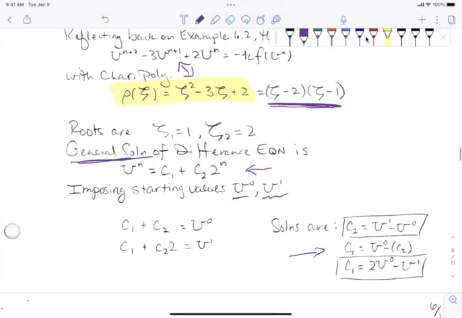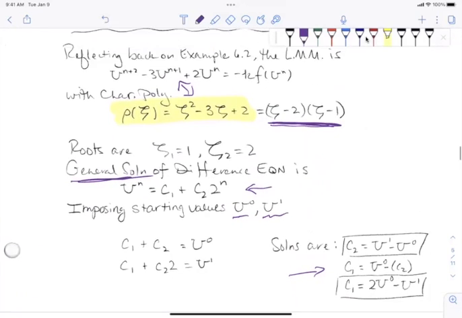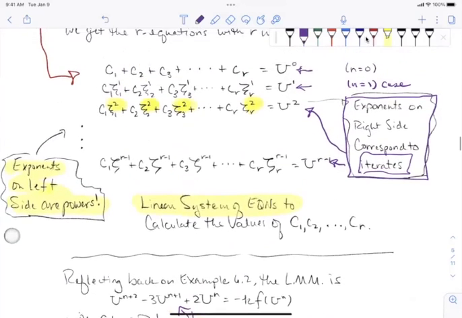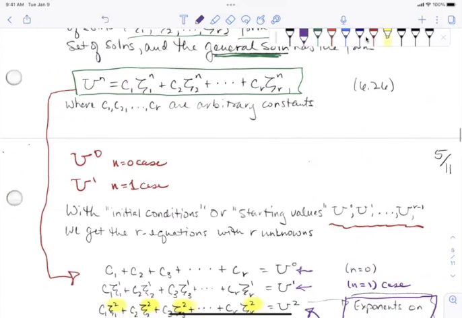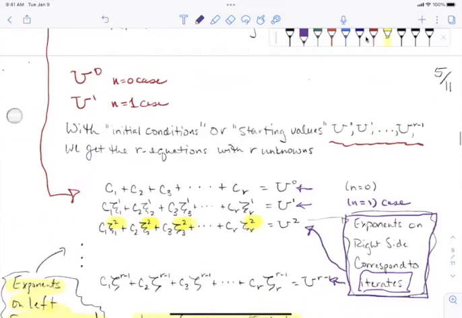Think about that in terms of this particular expression right there. As I allow n to increase, all of those zeta i's raised to a power of n are going to get very small and converge to the 0 function on the right-hand side.